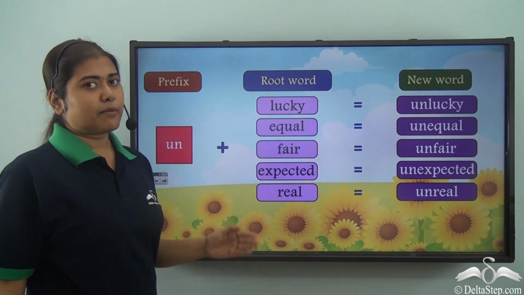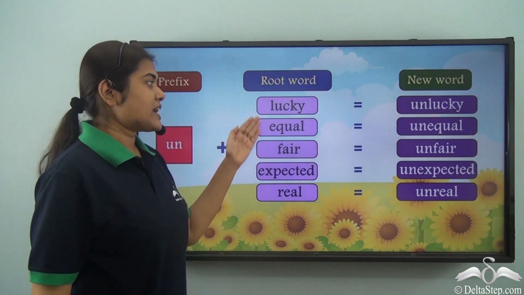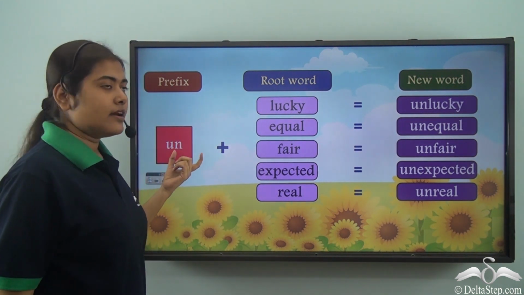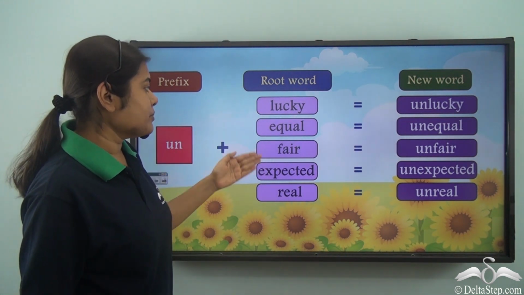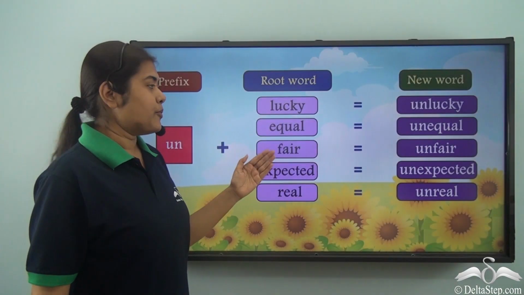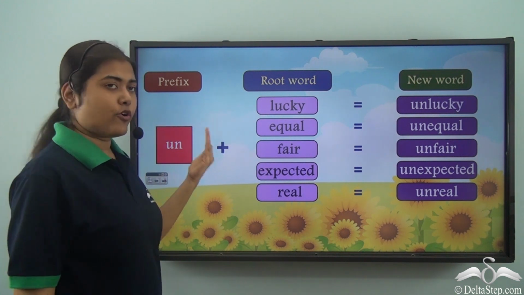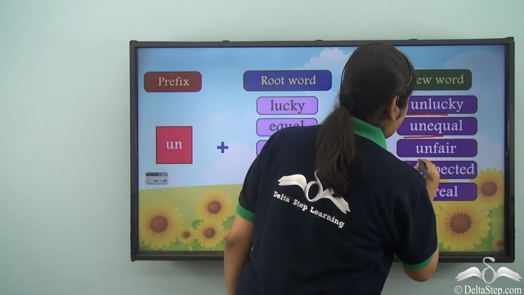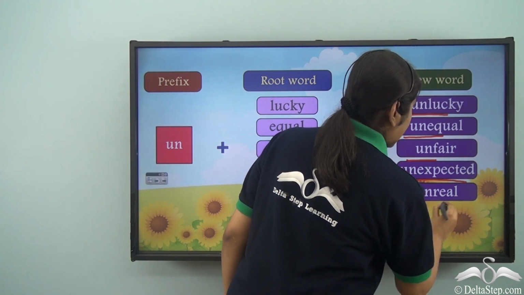Now, some more examples of words which can form their antonyms by adding the prefix un are lucky, equal, fair, expected, real. All these words, when they add the prefix un before them, give us unlucky, unequal, unfair, unexpected and unreal.